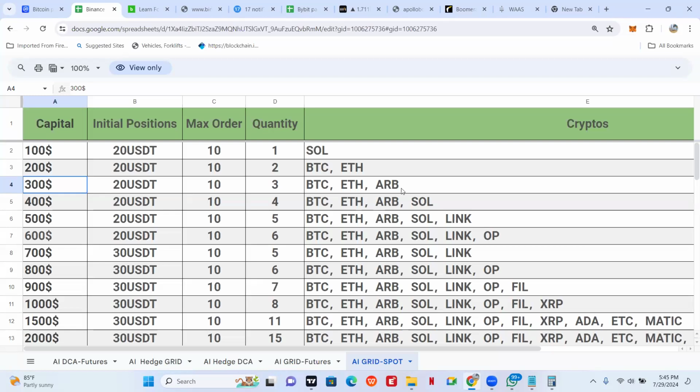But remember that in picking these coins to trade, at every particular time, these coins do not wait for anybody. So you could be picking these coins when they are at their all-time high. If you're lucky, you pick them when they are at their very low, or you pick them at the mid-level. If you pick at the all-time high, you might stay there for a very long time.